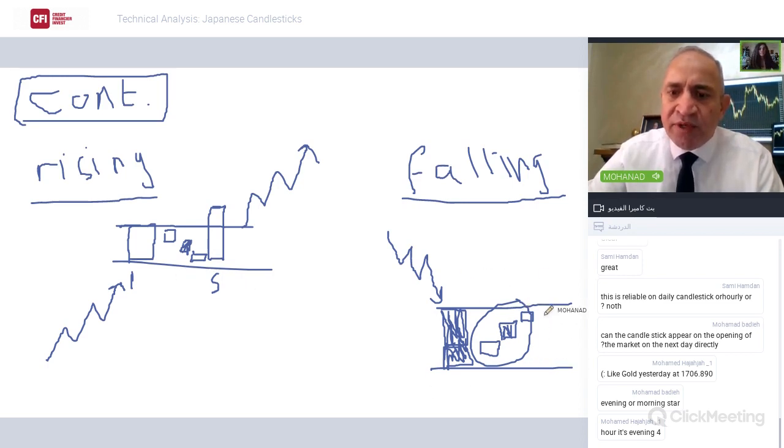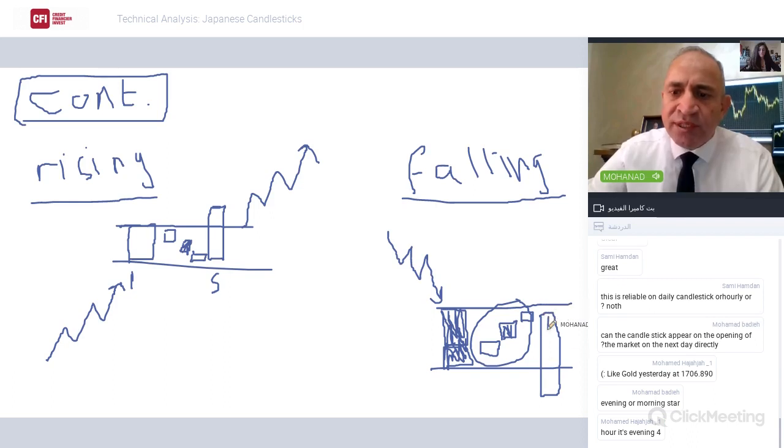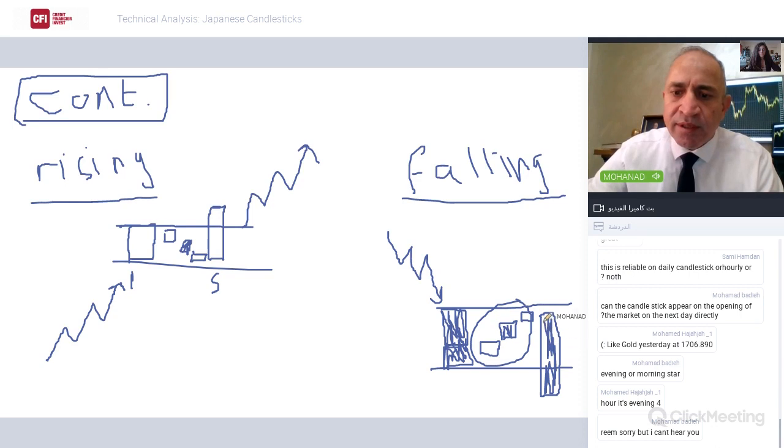This pattern should be followed by a new bearish candle with a new close compared with the first candle. This is number one, this is number 5. Candlestick number 5 should close lower than the close of the first one. When I see this pattern, I expect that the price will continue moving in a downtrend.